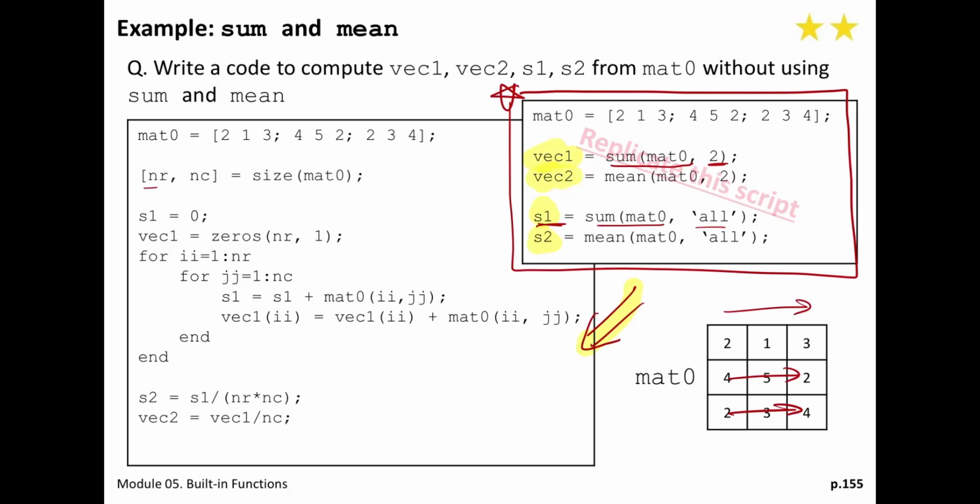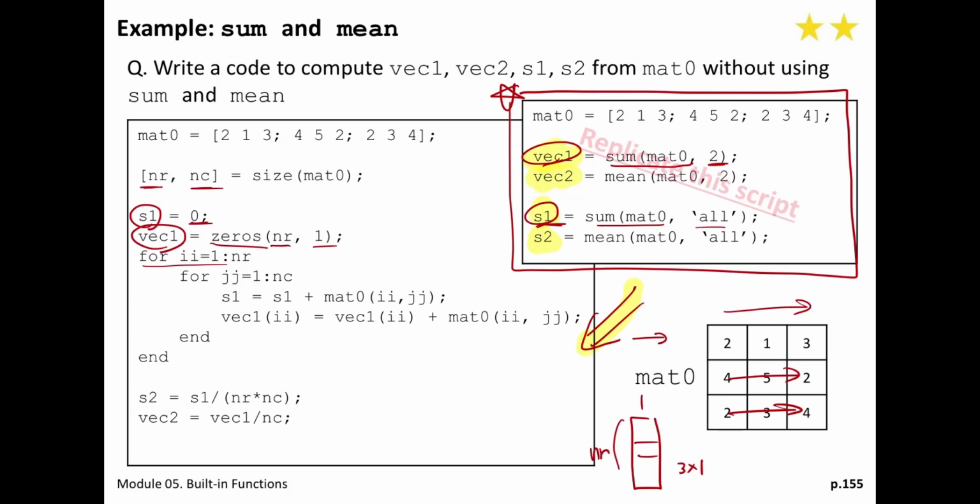First, we find out the number of rows and the number of columns, and then initialize s1 and vector 1. s1 is a single scalar, and what is the final size of vector 1? We are summing in the horizontal direction, so you will get 3 by 1, that is nr by 1.